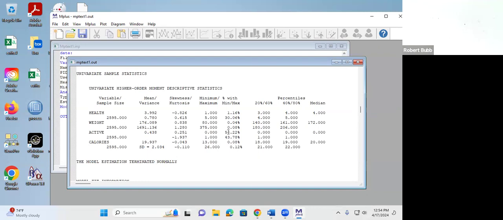If you want to turn that into sample sizes, just take your total count, 2595, and multiply it by 0.5632, and it looks like about 1,459. So you can still get Ns by using your percentages. But in this case, we would just report what percentage is active and what percentage is not active.